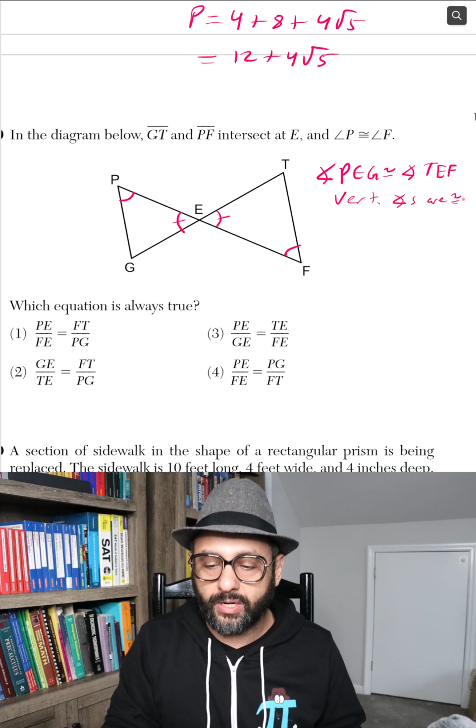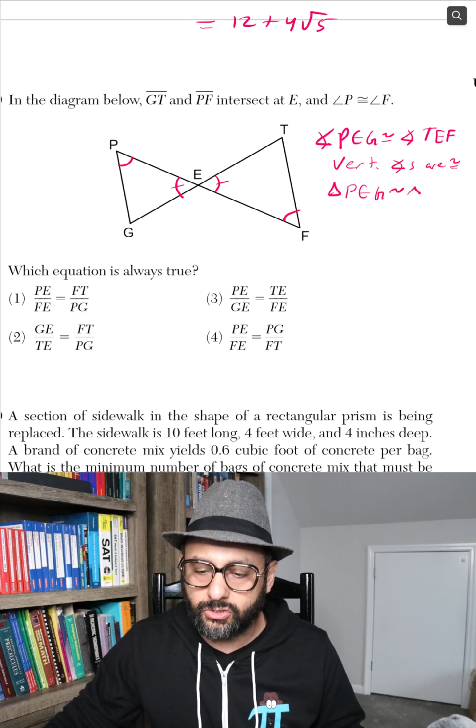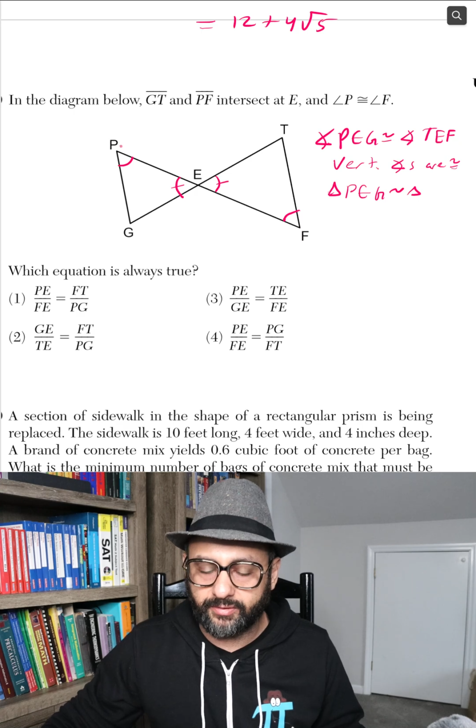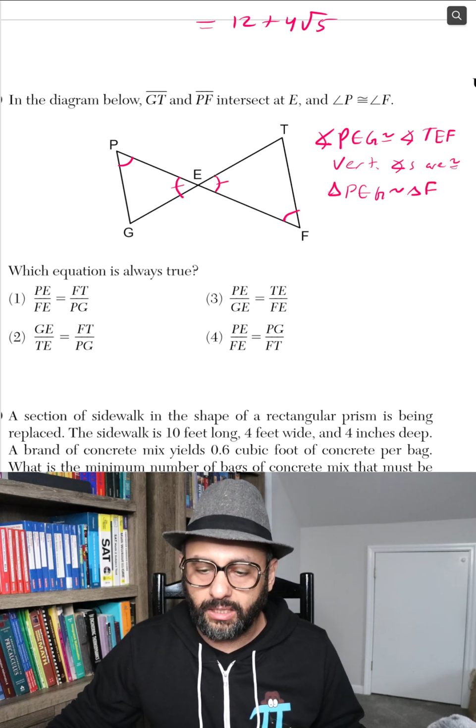So now these two triangles have two pairs of congruent angles. So triangle PEG is similar to triangle, now I gotta write these in the correct order. P corresponds to F, E corresponds to E, and G corresponds to T, in that order.